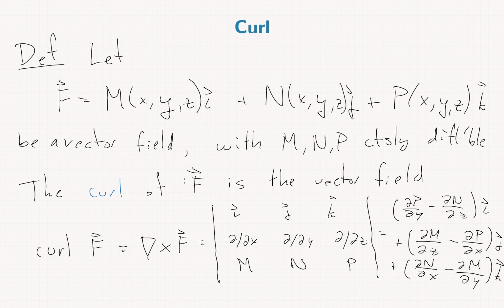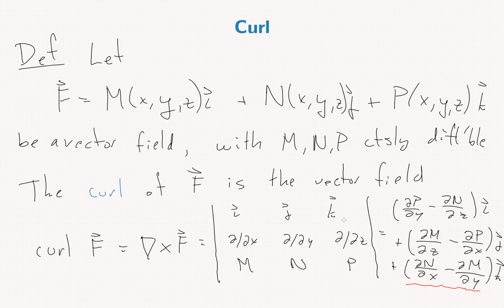So if we had a vector field that was in the plane, then P would be 0, and also ∂N/∂z and ∂M/∂z would be 0. So for vector fields in the plane, we recover our previous definition of the k component of curl, but this is more general.